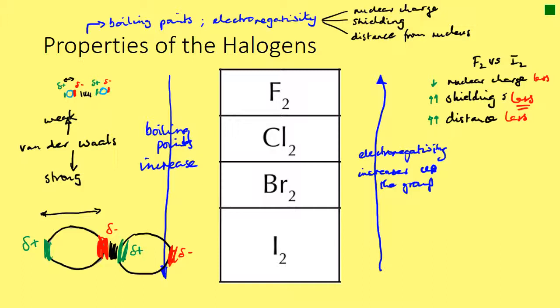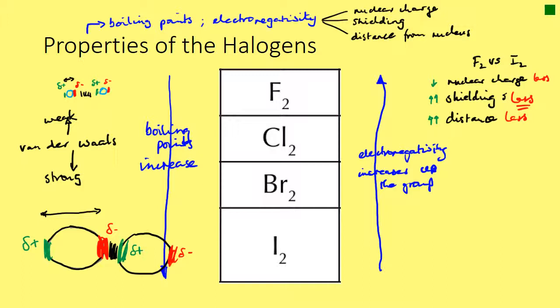except the distances are large. That means that at any particular instant in time, you can have by chance a larger negative charge on one side of the atom than on the other side.